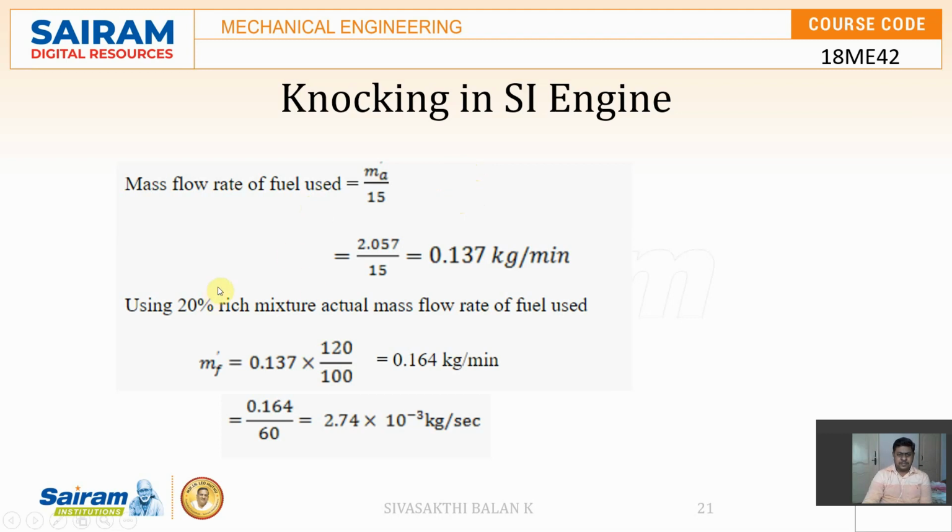That is for the theoretical air fuel mixture, but actually we are supplying a 20% rich mixture. So to calculate the mass fuel rate for this actual condition of 20% rich mixture supply, we need to multiply by 1.2, so that the actual mass flow rate comes as 2.74 into 10 raised to minus 3 kilogram per second.